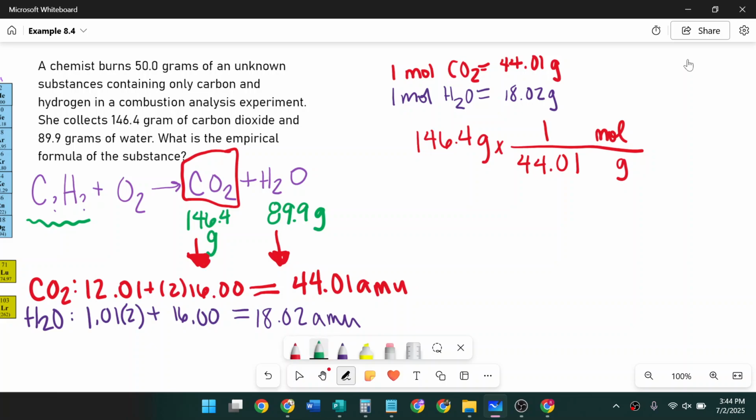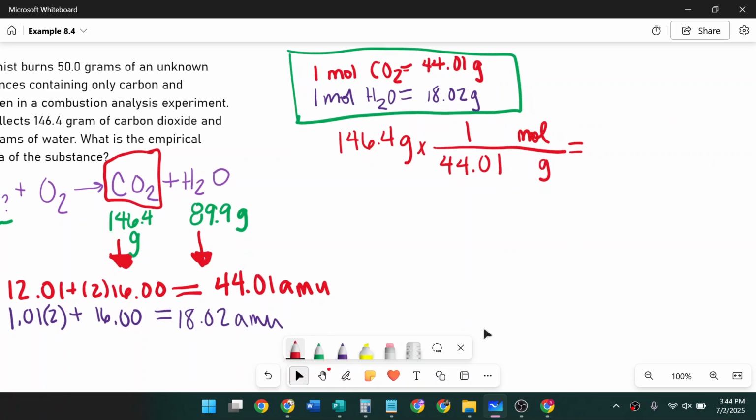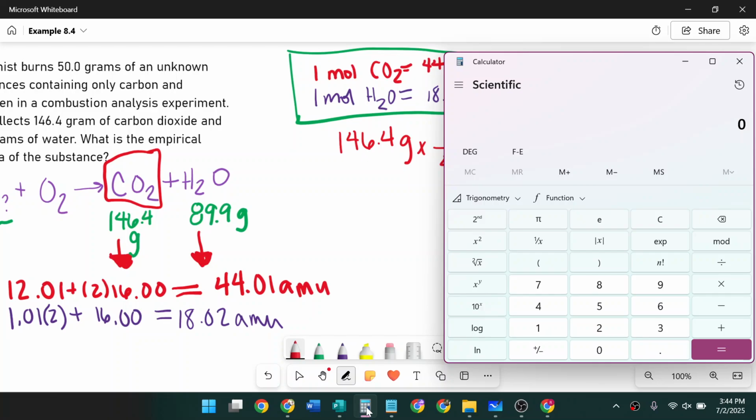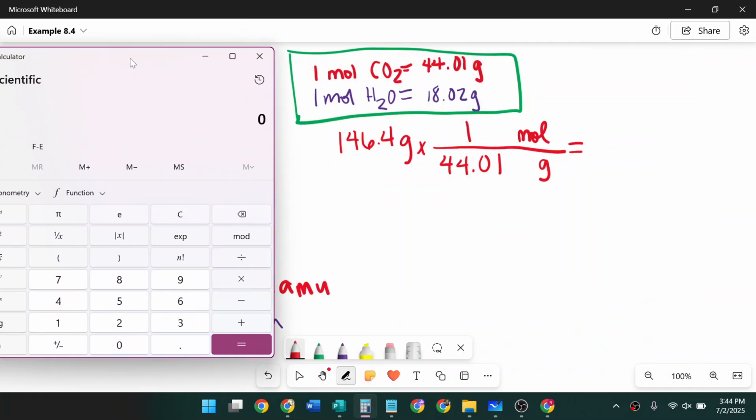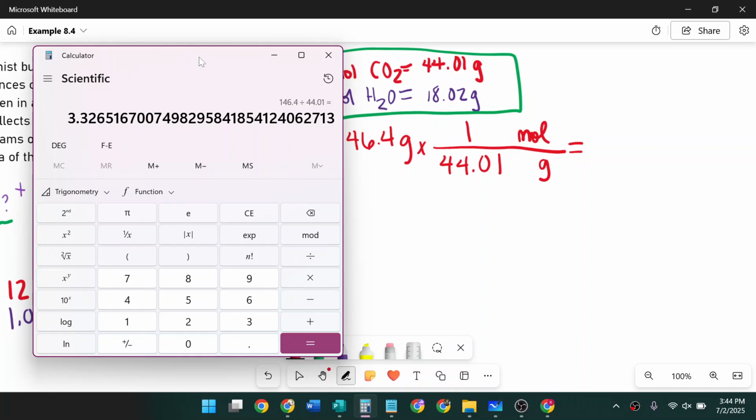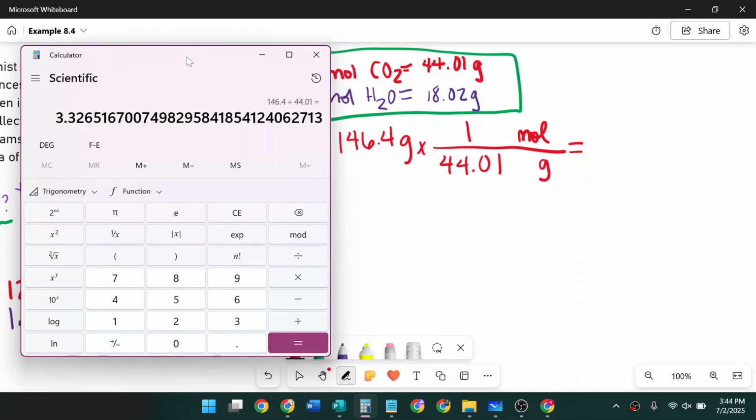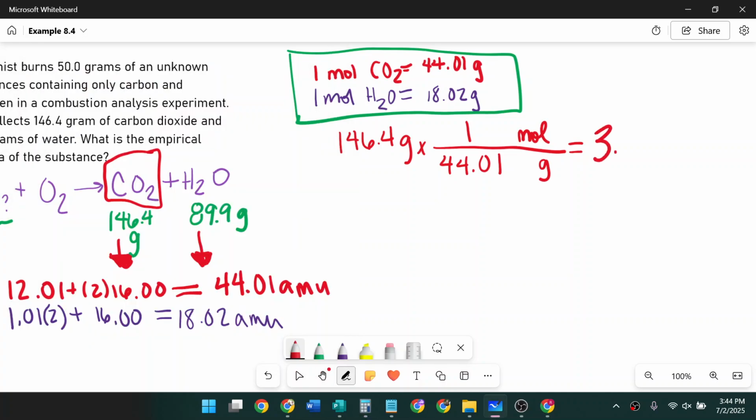This is my conversion relationship box. 146.4 divided by 44.01. Those both have 4 significant figures, so we're going to keep 4 significant figures, so 3.327. That's the moles of carbon dioxide that we used.